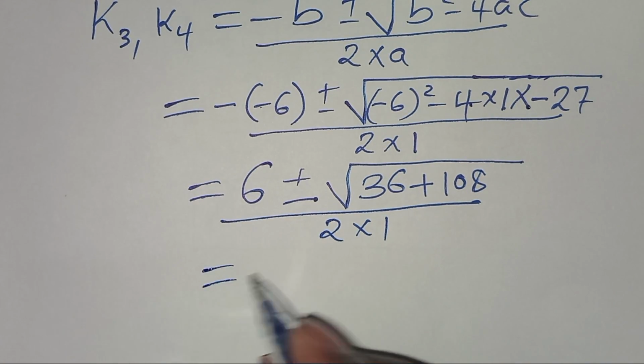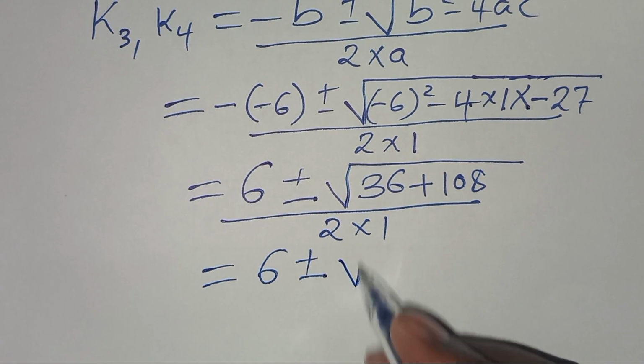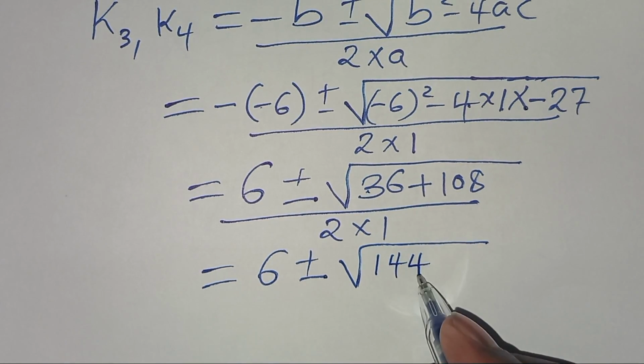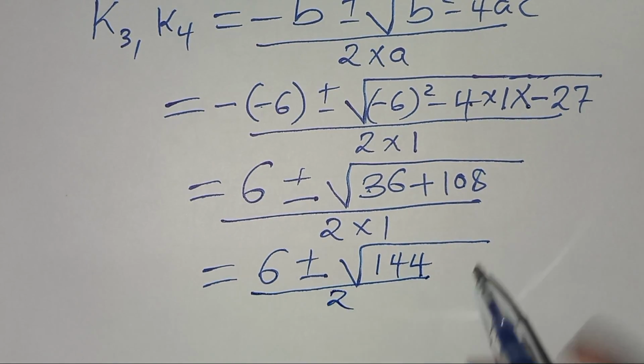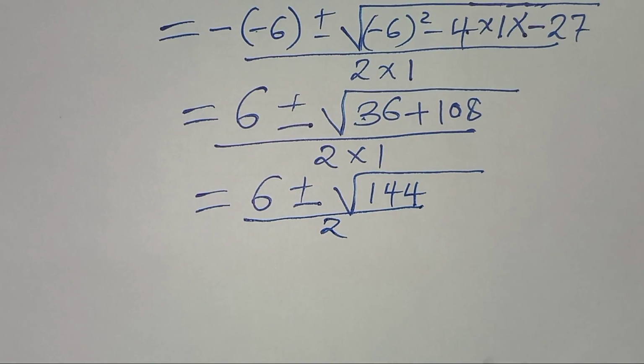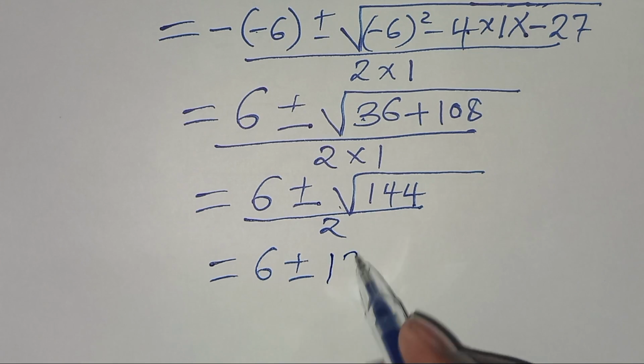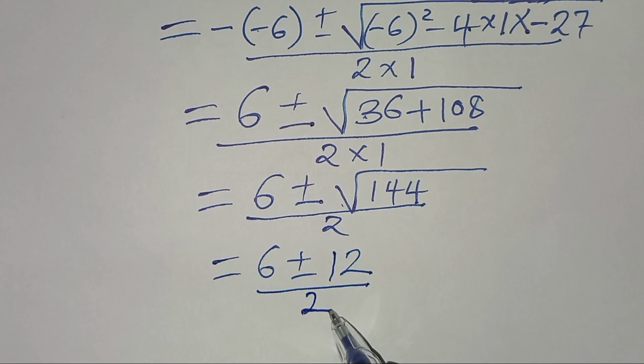Now, the next step here, we have 6 plus or minus the square root of 36 plus 108, and this is 144. All this divided by 2. Now here we have 6 plus or minus the square root of 144, this is 12, divided by 2.